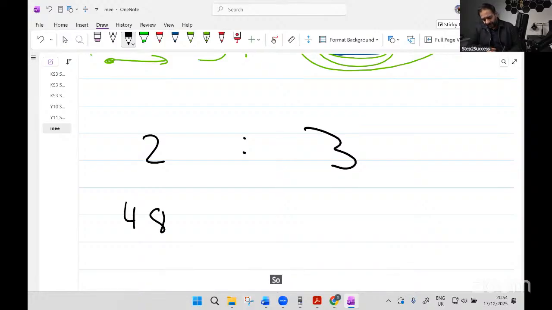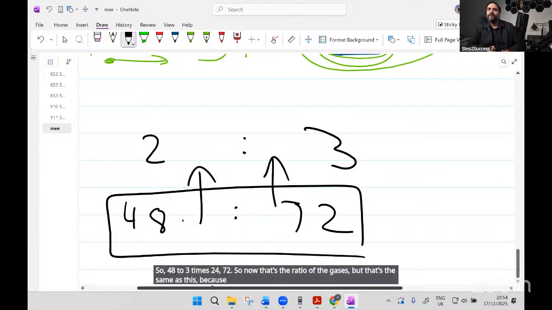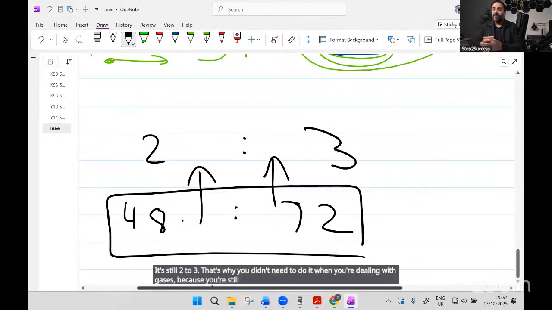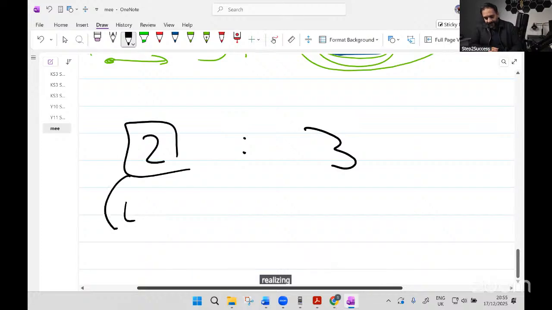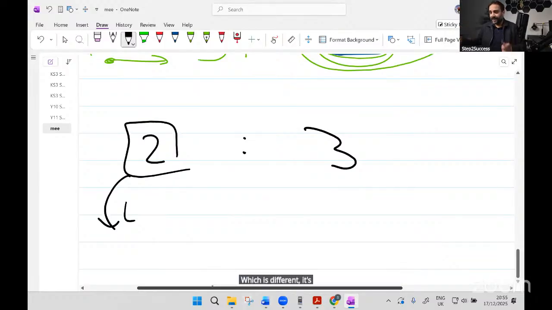So 2 times 24 is 48, and 3 times 24 is 72. Now that's the ratio of the gases, but it's the same as this because I timesed them both by the same thing. It's still 2 to 3. That's why you didn't need to do it when you're dealing with gases, because 24 is a fixed constant number for everything. But that ratio is not the same when you're dealing with grams, because it follows a formula based on the MR of each side, which is a different number for both of them. So that's why you have to do that.